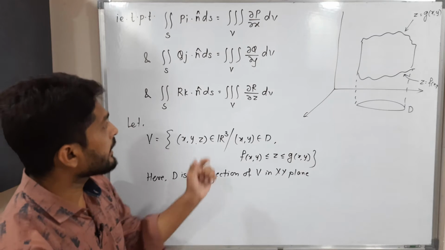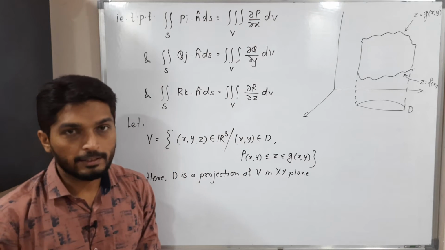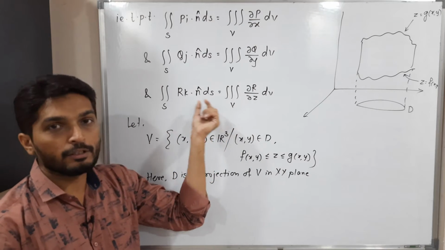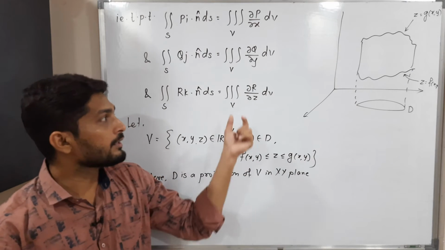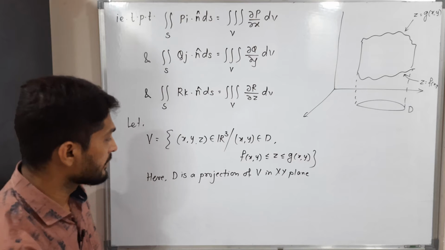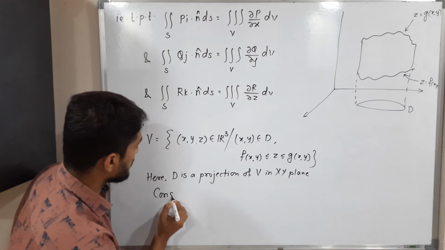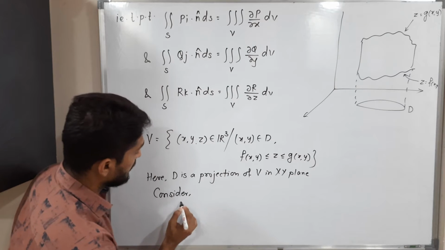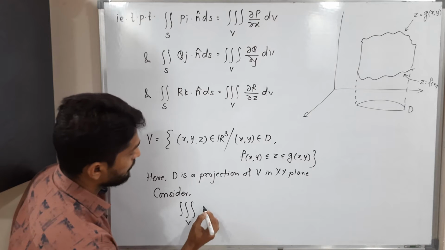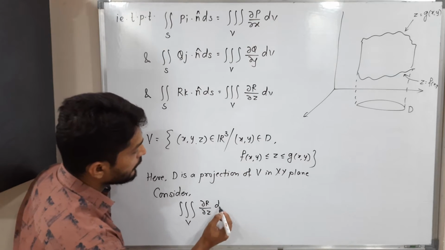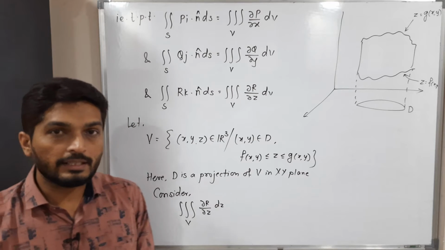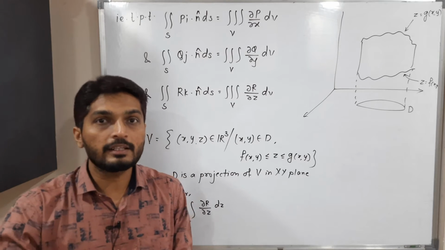So what is our target? Our target is to prove this equality. We are going to prove this triple integration is equal to this double integration. So let us start to work on this triple integration. Let us consider the triple integration over V of delta r by delta z dV. You know that dV means dx dy dz, or you can consider dz dy dx.